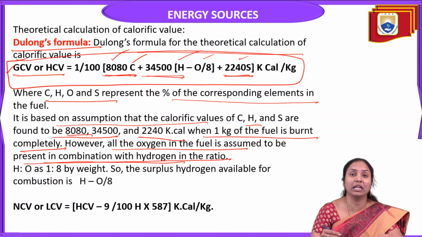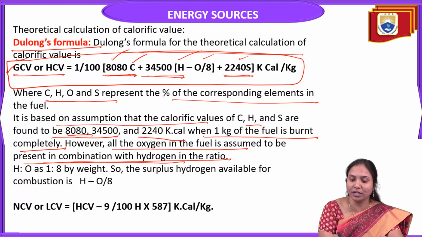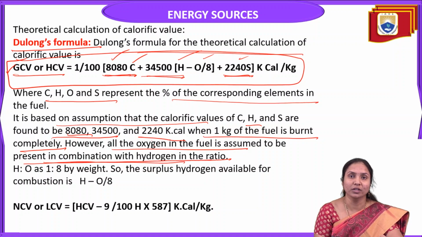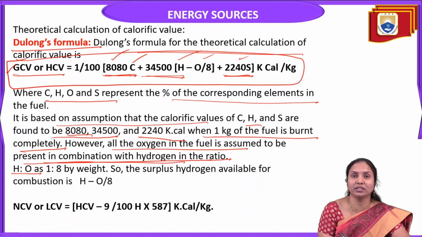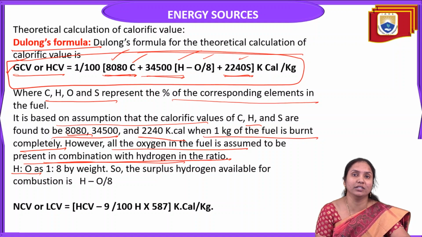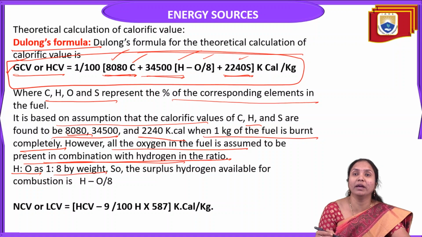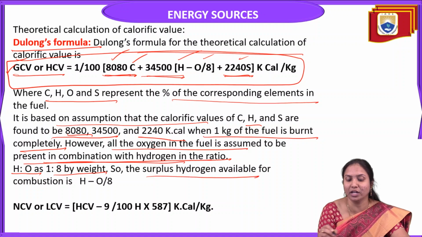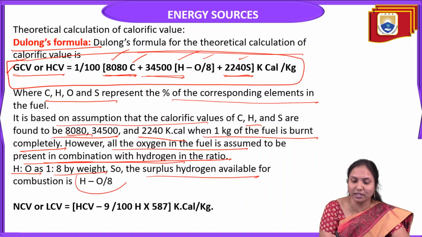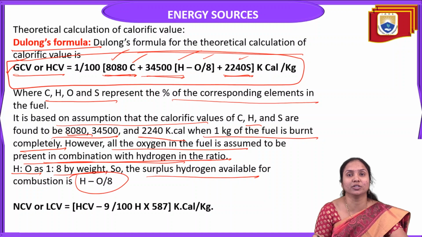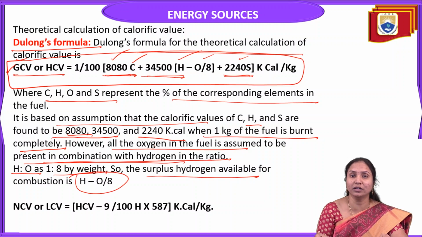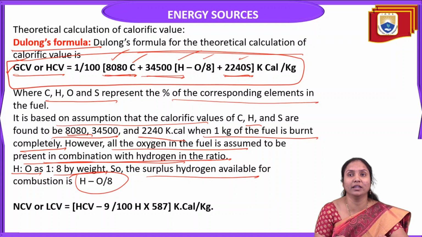So that's why we can calculate the percentage of oxygen present in the fuel in combination with hydrogen in the ratio. What is the ratio? Hydrogen and oxygen in a 1:8 ratio by weight. So the remaining hydrogen, the surplus hydrogen available for combustion, is H minus O by 8. We cannot calculate the oxygen percentage individually, so that's why we take the amount of oxygen present in this fuel.